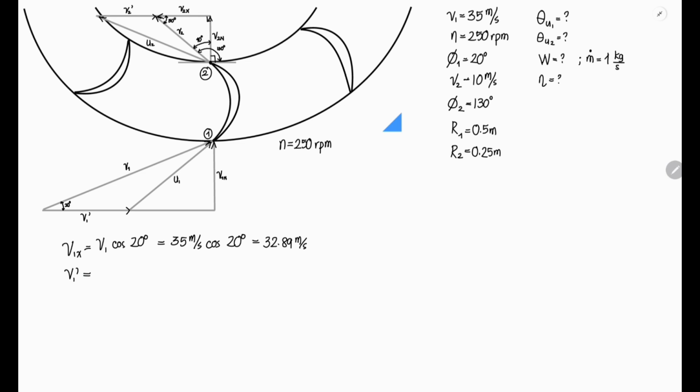So, to solve for V1 prime, ang ating solution is 2 pi rad per rev multiplied to n and R1. So, nilagay natin ito para makita ninyo yung cancellation of units. So, 2 pi rad over 1 rev.